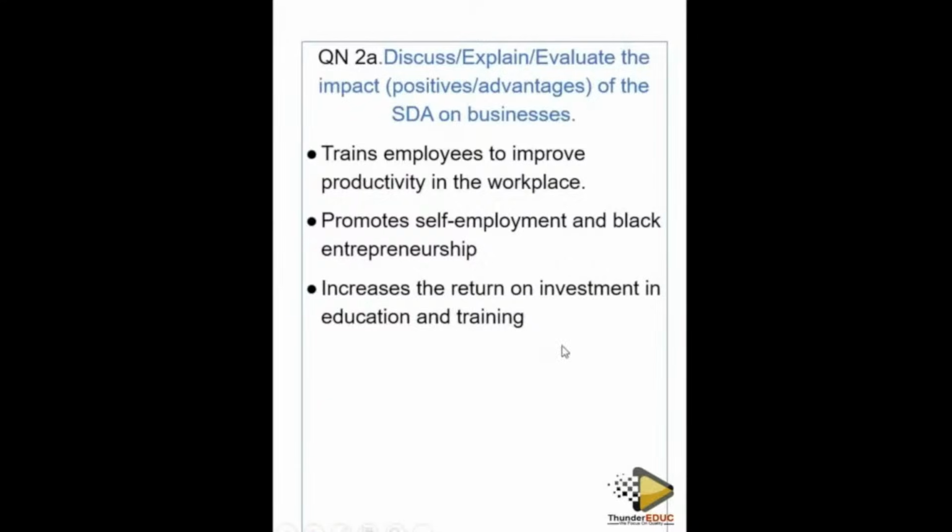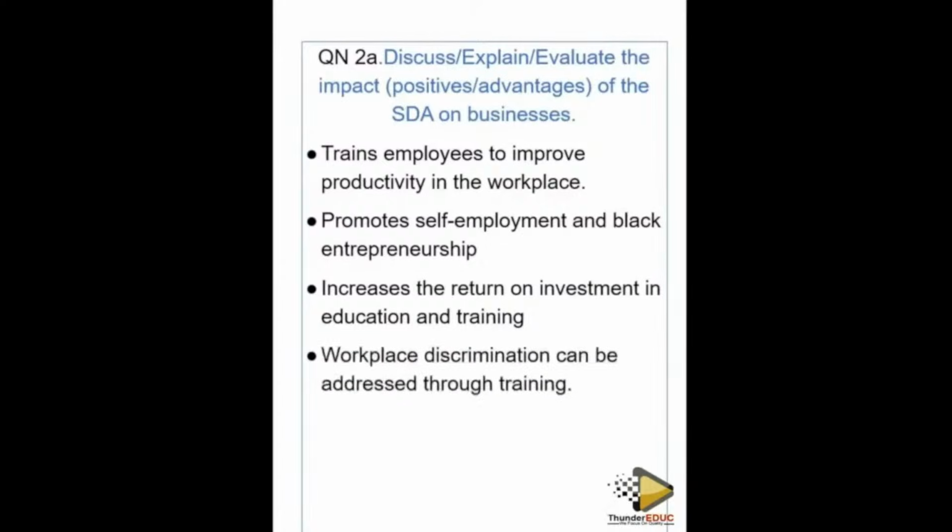Remember, when the businesses are giving out these learnerships to their employees, they're expecting to get something in return. They don't just give out these learnerships because they want to give them out. No, it's because they also want to grow. They know very well that once those people have those skills, they can be able to produce goods and services in an advanced manner.